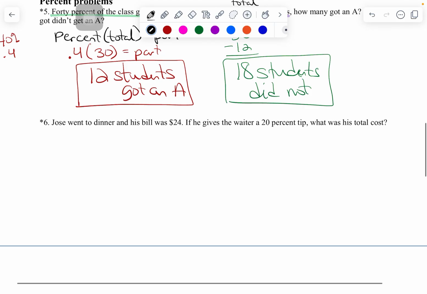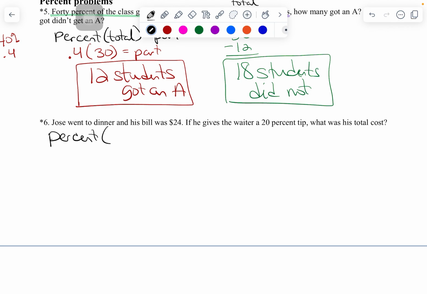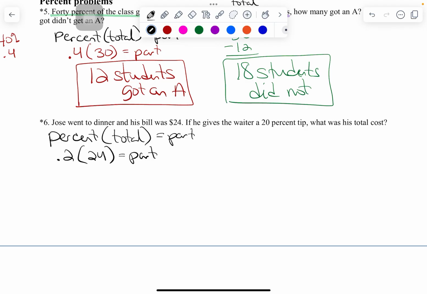Okay, so percent times total equals part. So the first way you could do this is to say, okay, he's going to give the waiter a 20% tip. So let's just figure out what the tip is on its own. So 20% is 0.2. His total bill was $24. And let's figure out the part. That's going to be the tip.